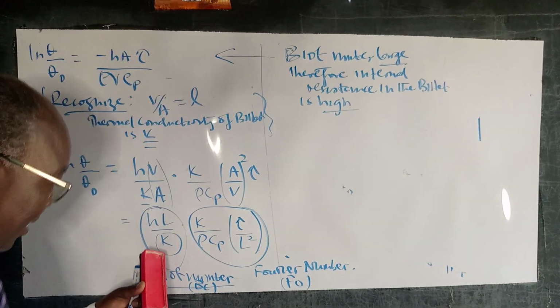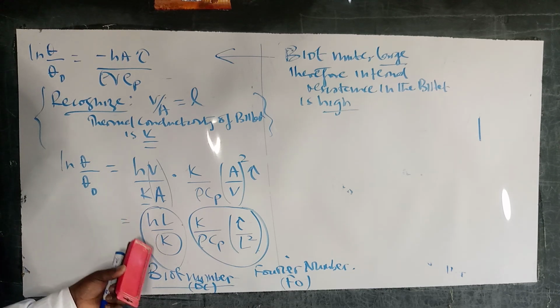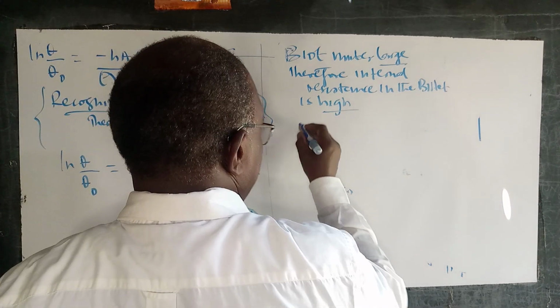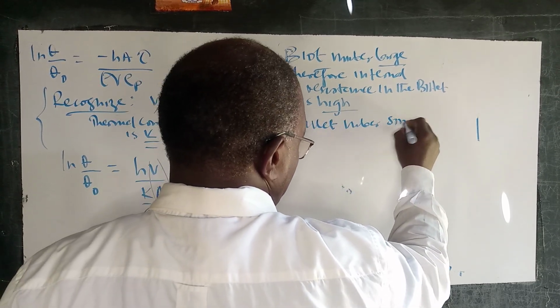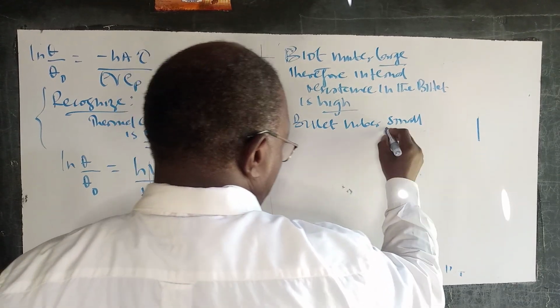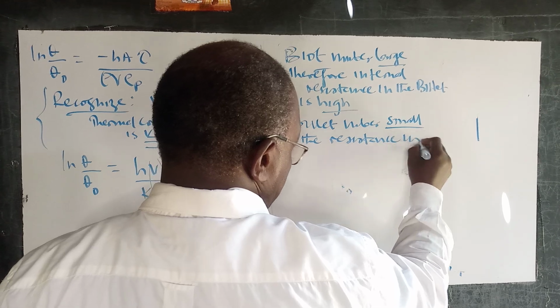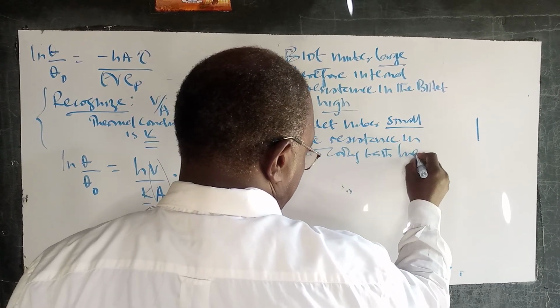And of course, when the Biot number is small, then K is large, so thermal conductivity is very large. So internal resistance in the billet is small, or the resistance in the cooling bath is high.